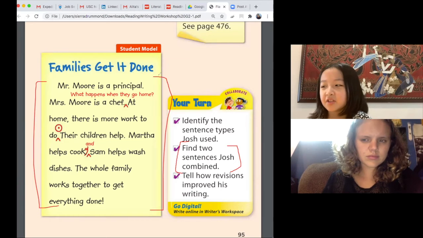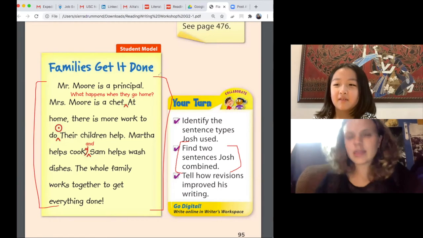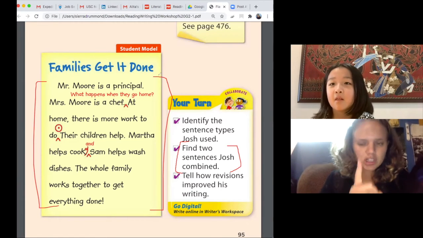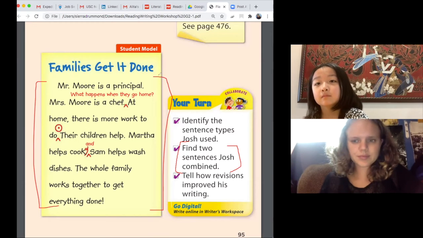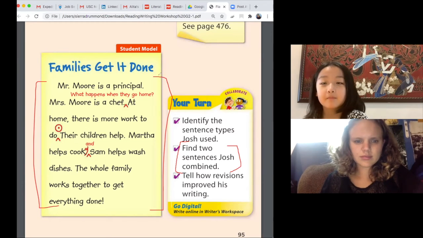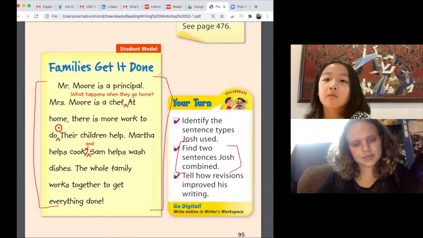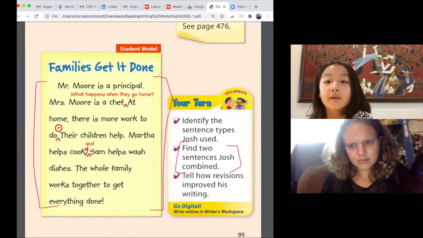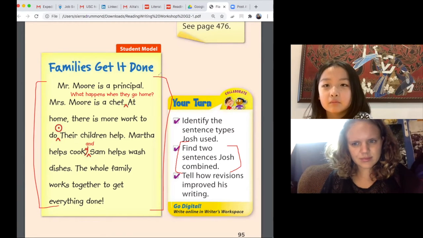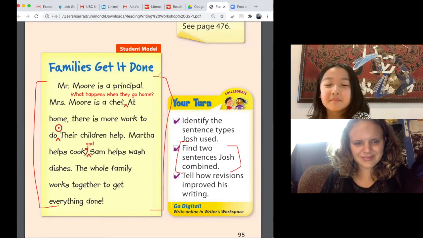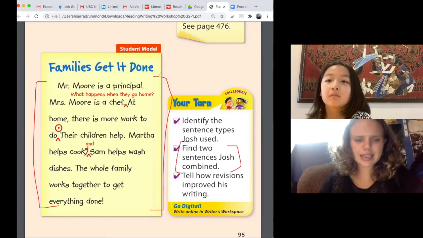Tricky question. So there used to be two sentences, and Josh thinks they should become one. Yep. Where did he add an "and"? Oh yeah, after cook. Good. So what are the two sentences?